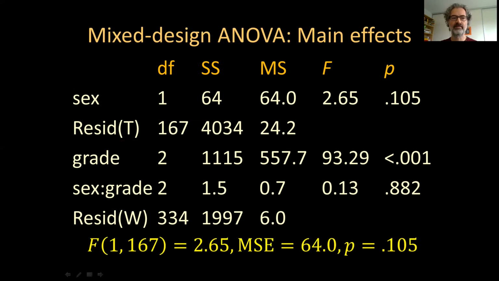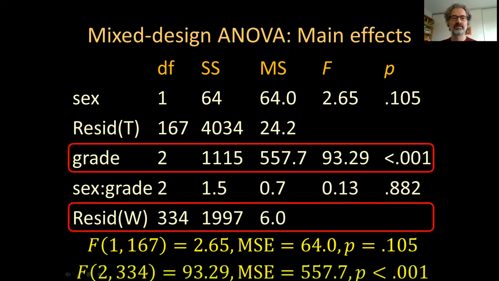The main effect of grade is seen by dividing the mean square for grade, associated with the sum of squares for the means by grade within participants, over what's left over from the within participant sum of squares.